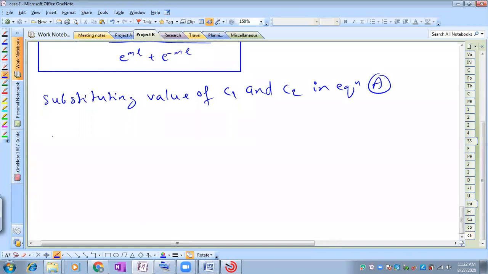It is theta is equal to C1 e raised to mx plus C2 e raised to minus mx. So I have to put the value of C1 and C2 here.